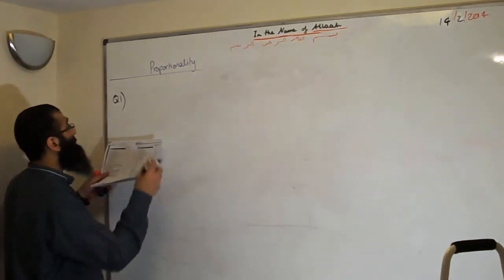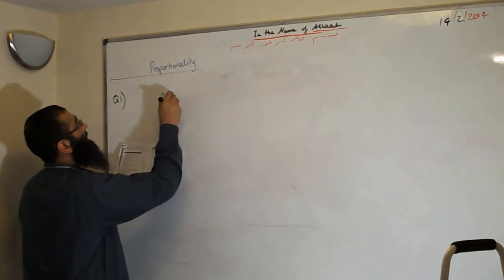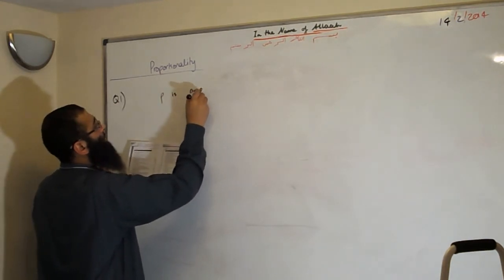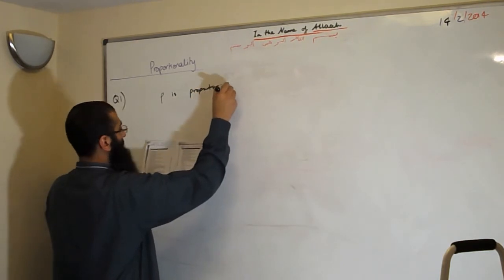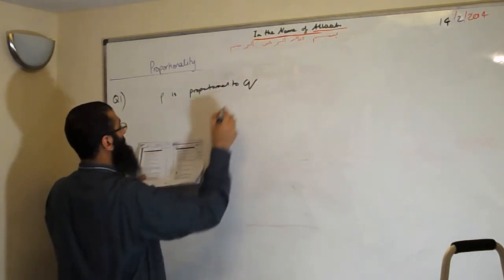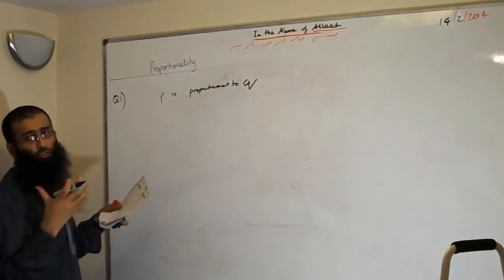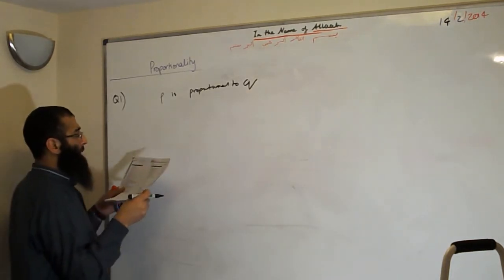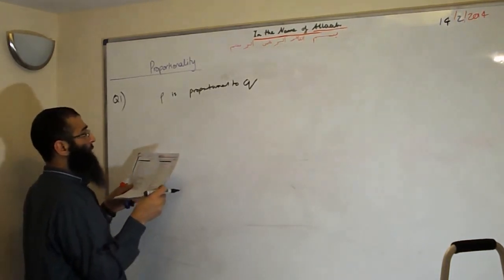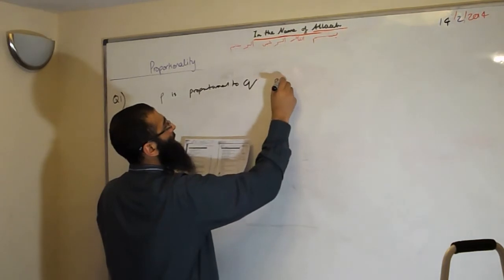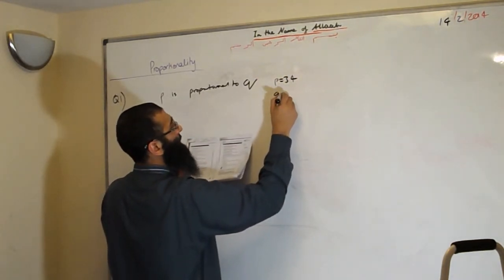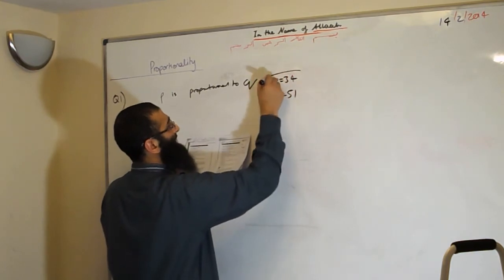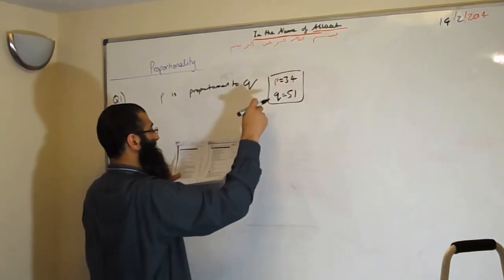It says P is proportional to Q. So that's treated as direct proportion. Okay, P is equal to 34 when Q is equal to 51. That's our basic statement. We give you some information.